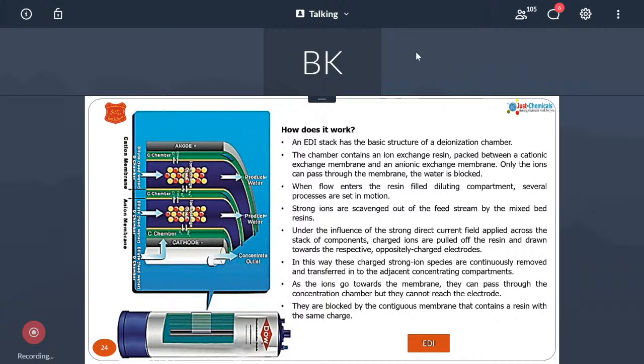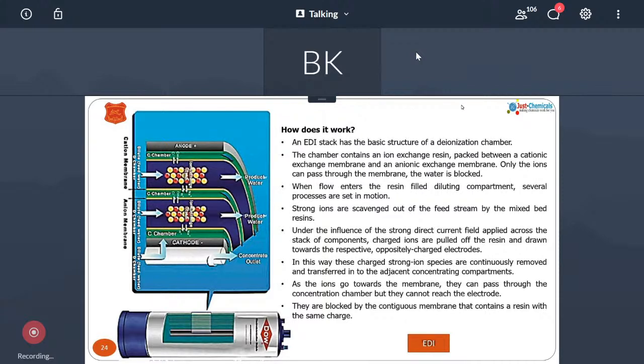Conventionally, we were using a DM plant having a strong acid cation resin vessel removing cations, and then a degasser which was reducing the CO2, and then anion resins, strong base anion resins, or in conjugation with weak base anion resins, to remove the anions from the water. And then finally we were using one mixed bed, which comprised anion and cation resins.